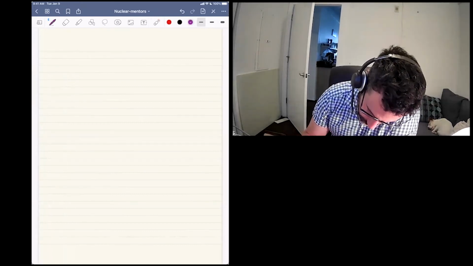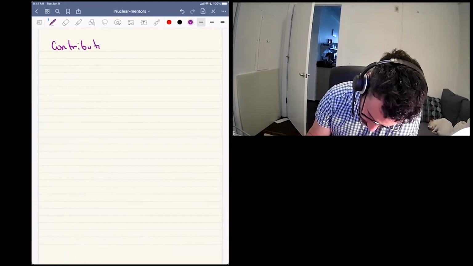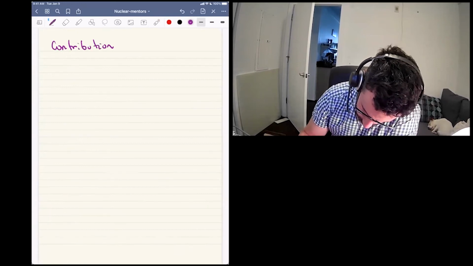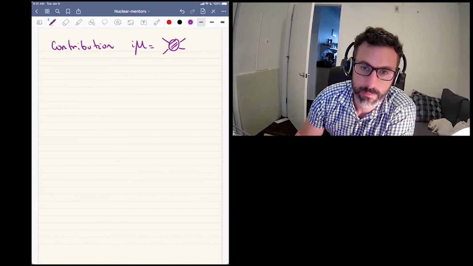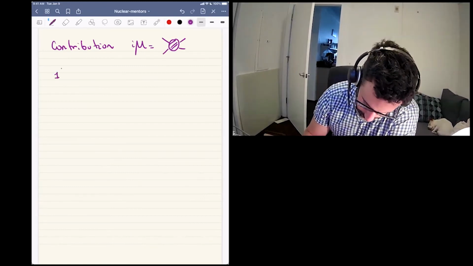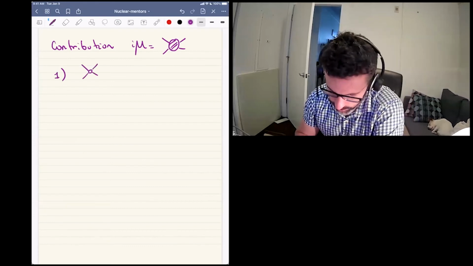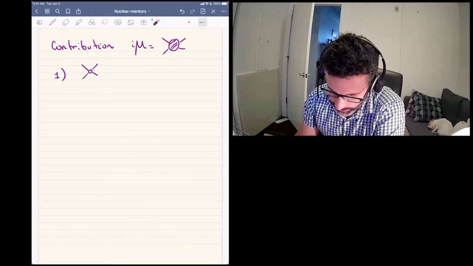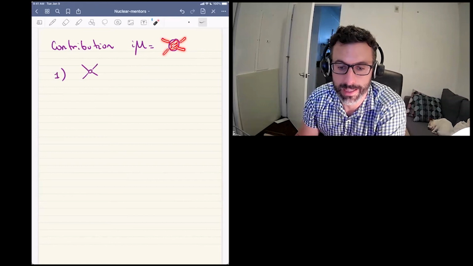Contributions to the scattering amplitude, which we call M, which is this thing. And so the first one that I can write is just this guy. That's the first contribution. So the scattering amplitude is all the diagrams that connect two particles to two particles, and they're connected.